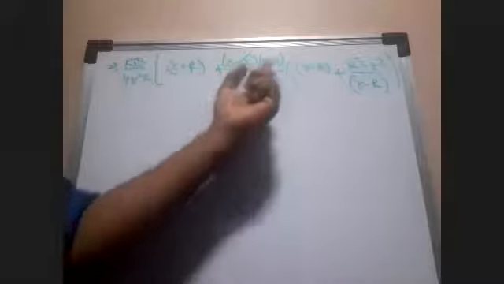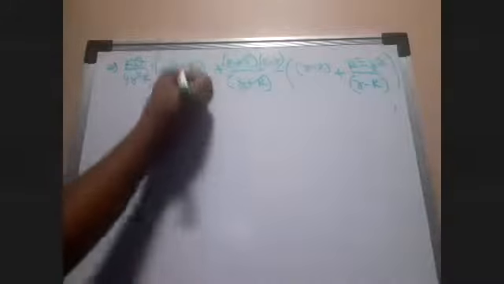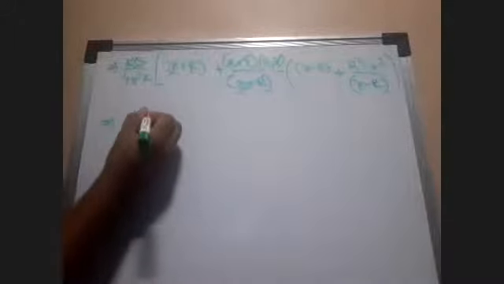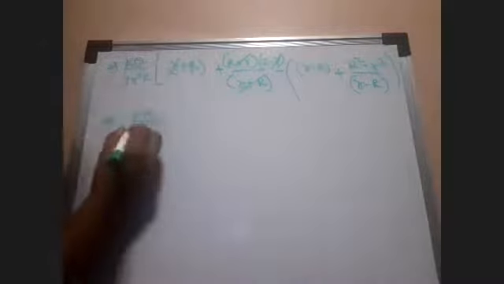This is small r plus capital R plus capital R minus small r, and again small r gets cancelled. Ultimately, what remains is capital R plus capital R. So I will rewrite the equation, and if you're getting confused, try to solve it yourself. You'll come to this conclusion.